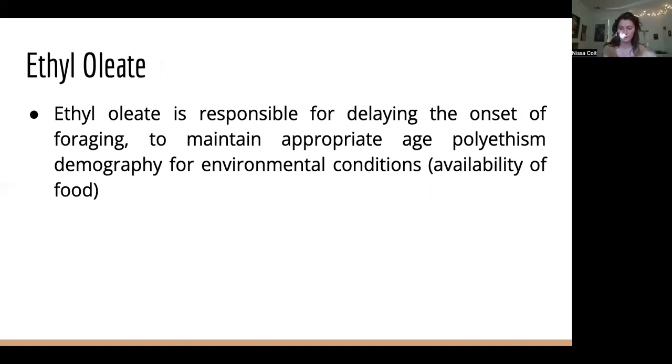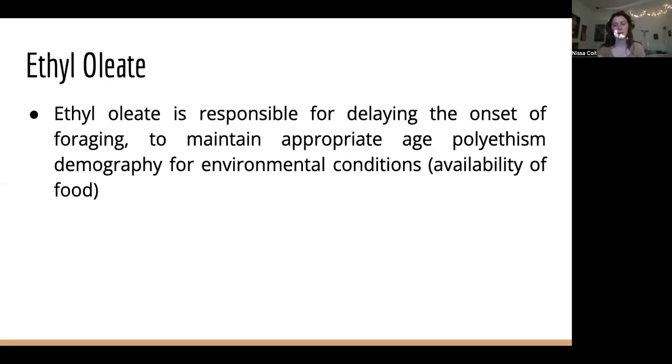If there's a bunch of foragers out bringing pollen and nectar back to the hive, they don't want more nurses to age into that role if they have enough already, because they want to create a balance of proper age polyethism and division of labor to match the incoming food availability.